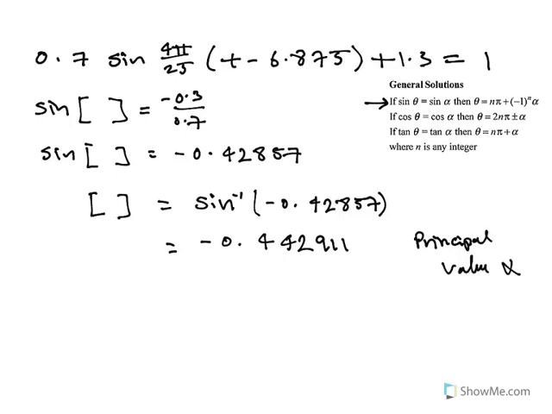So using this, theta is all of that. That's my theta: 4 pi over 25 of t minus 6.875.